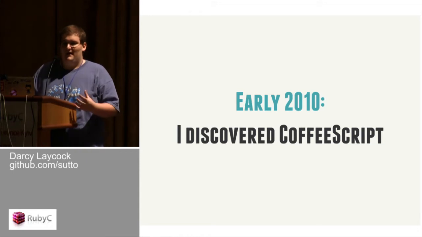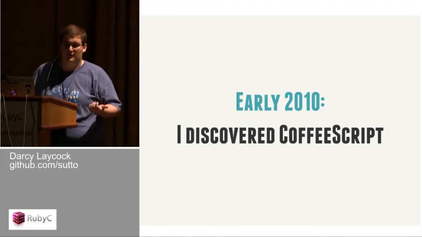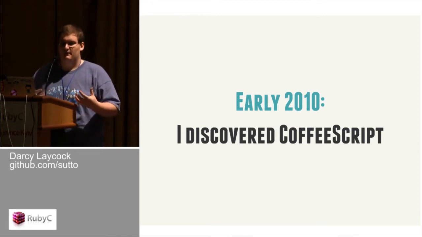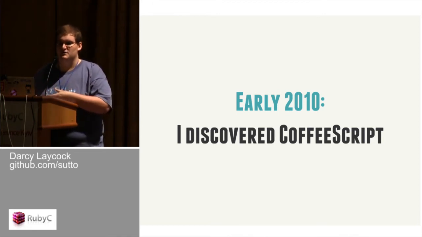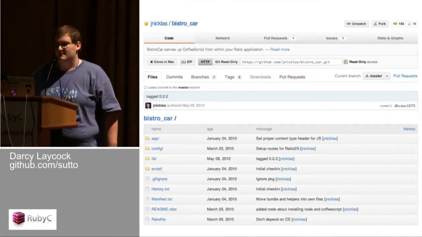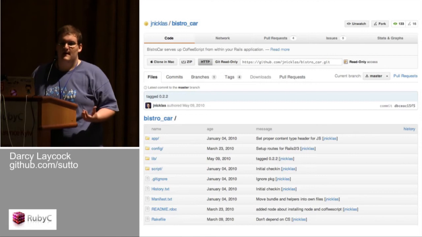Then the next part of that evolution was in early 2010, when I discovered CoffeeScript and fell in love. I was building Rails applications at the time for Youth3, the not-for-profit I mentioned earlier. I was getting sick and tired of the repetitive constructs you have to use in JavaScript, where the syntax isn't nice, but the language itself is beautiful. I discovered a plugin called Bistrocar by Jonas, in fact, which made it really ridiculously easy to plug it into Rails.